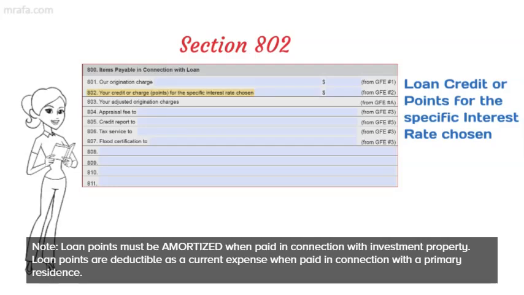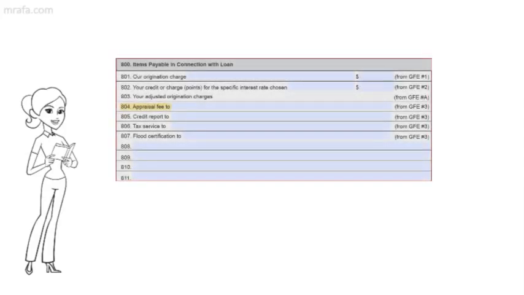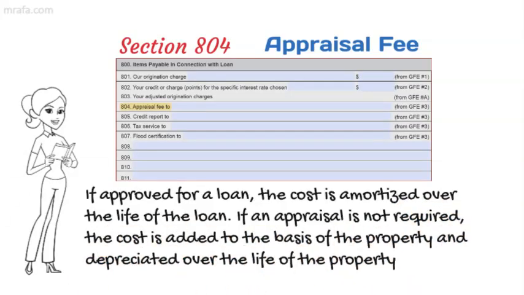In some loan statements, you will see some amounts in Section 804, which is the appraisal fee. This is kind of like you hire someone to provide the market value of the property. So if there's an appraisal fee on this HUD settlement charges, and if it is required to even get the loan, then the cost here, you need to amortize over the life of the loan.